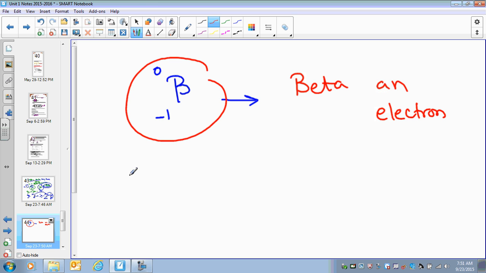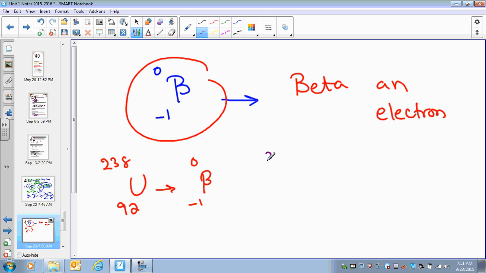So when beta goes out, let's say you have, I'll take uranium again. If uranium, instead of giving out alpha, gives out a beta particle, beta does not have a charge on itself, so there is no mass.